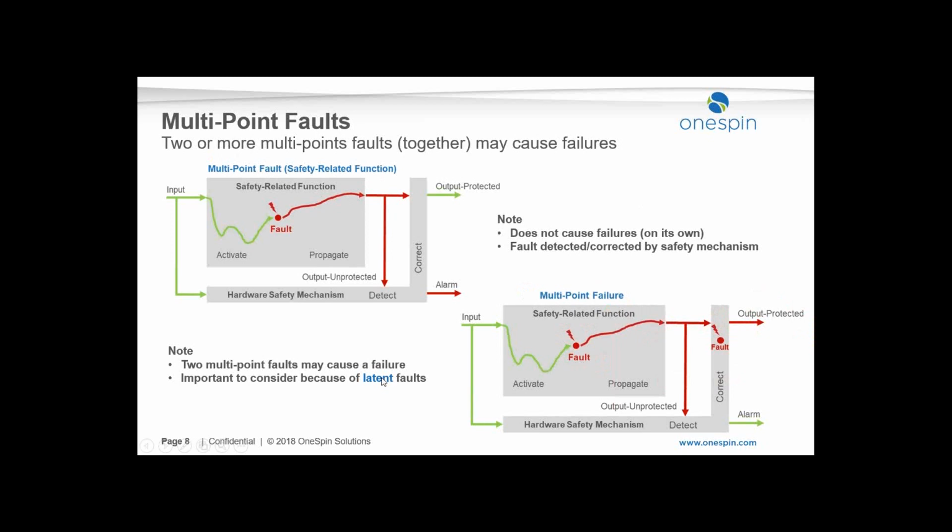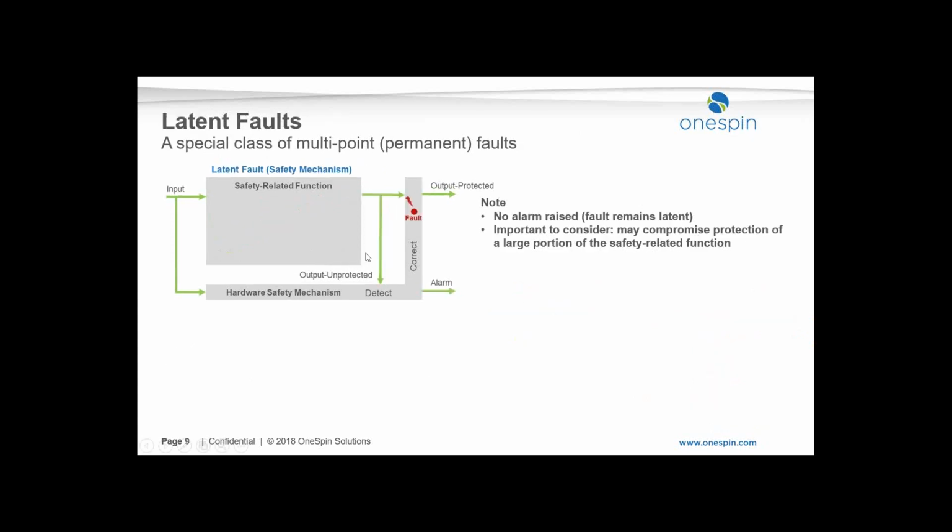Now, a very important category, which we already mentioned, we've heard in some previous presentation, is the latent fault. A latent fault is a special class of multi-point fault, and let's dig more into latent faults. So a latent fault is a fault that, for example, let's consider this case, a latent fault in the safety mechanism. The fault does not cause any alarm to be raised, so the alarm is green.